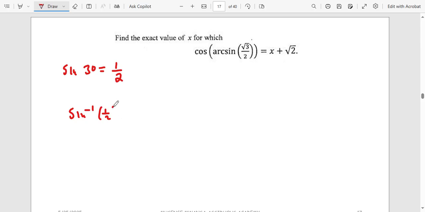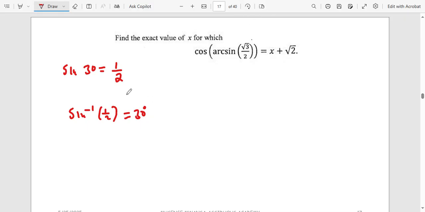Okay. So if you take sine inverse of 1 over 2, it will give you a 30. Hope you get that, alright? Is that okay?